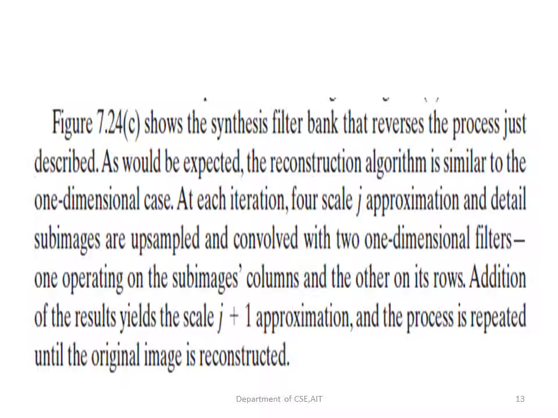At each iteration, the scale J approximation and detailed subimages are upsampled and convolved with 2 one-dimensional filters, one operating on the subimages' columns and the other operating on the rows. Addition of the results yields the scale J plus 1 approximation, and the process is repeated until the original image is reconstructed.